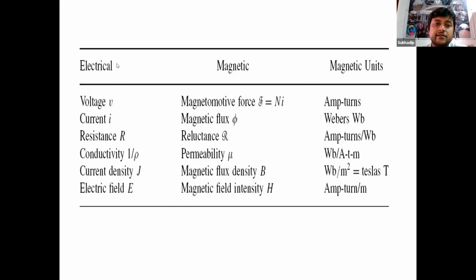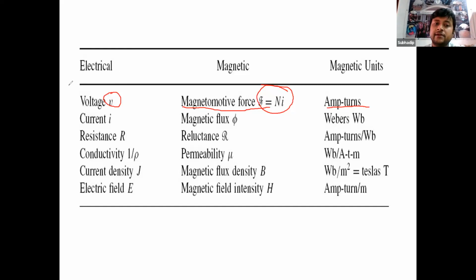In an electrical circuit, we consider the potential difference as voltage V. The analogous thing in a magnetic circuit is called magnetic force, which is given by n into I. In an electrical circuit it is given by V, and for the magnetic circuit the magnetic force is n into I. The unit is ampere turns.